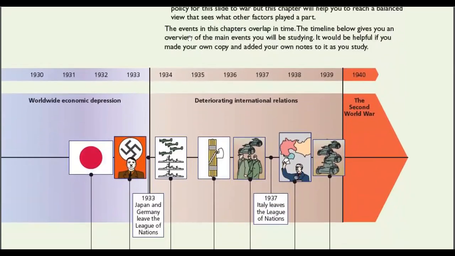So now, the events in this chapter overlap in time, so the timeline below gives you an overview of the main events. It would be helpful if you made your own copy and added your own notes to it as you study.